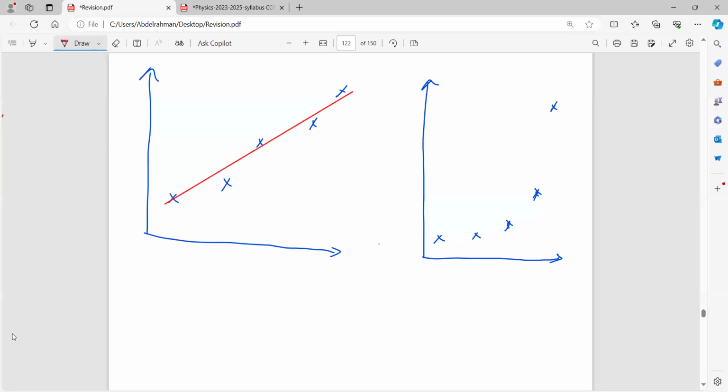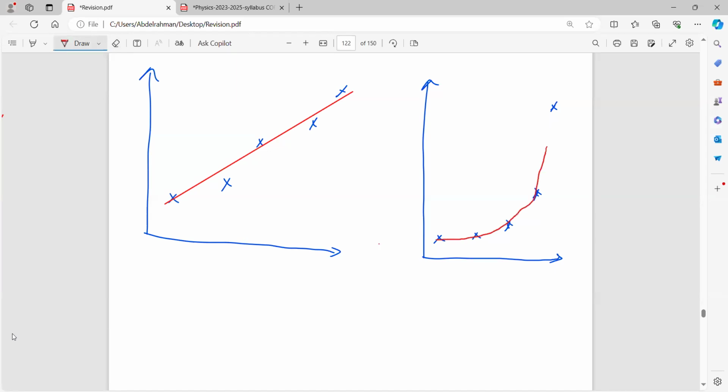But what have I seen which is wrong? Some of you draw this. Guys, don't go like this. Definitely this is wrong. You have to draw one continuous line. One continuous line like this.